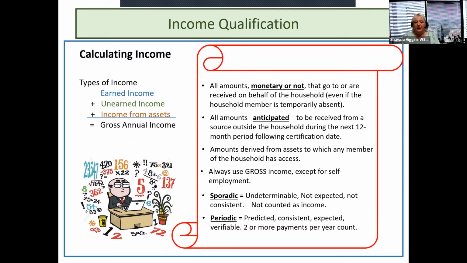So if it was periodic, meaning that it was consistent, expected, and verifiable, so that same person that won the lotto, instead of taking a lump sum, they wanted to have it on a monthly basis, you're going to count that because now it's predicted, it's consistent, you know that it's coming.